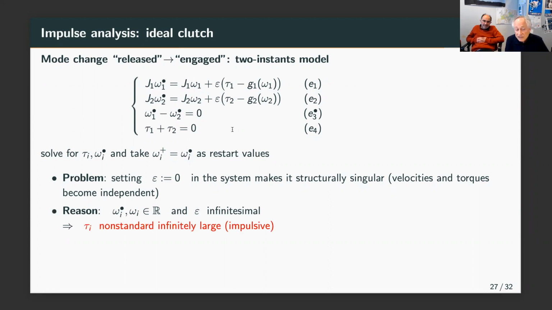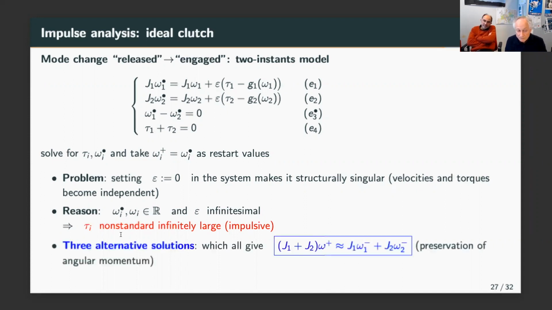The reason is that we have finite values for the rotation speed, velocities, and epsilon is infinitesimal. At the instant of mode change, where we compute the restart, tau I is a number that is, so to say, infinitely large, which can be made rigorous in mathematics. And this captures the fact that it corresponds to an impulsive behavior.